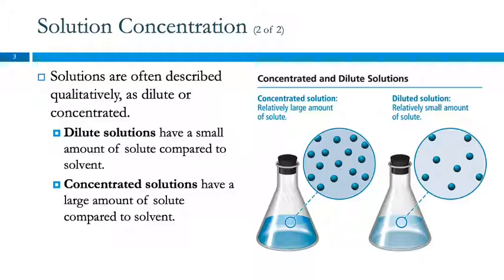A dilute solution has a small amount of solute. A concentrated solution has a large amount of solute. And we have illustrations. Concentrated, so there are a lot more solute particles in this region than there are in the dilute solution.